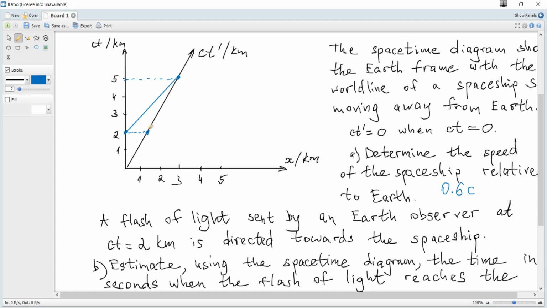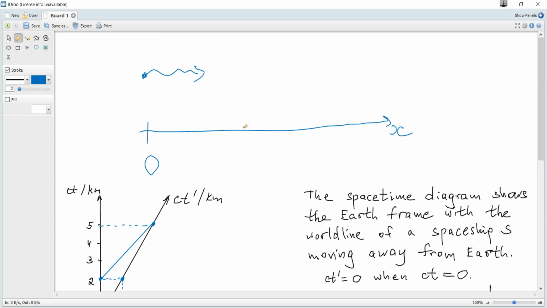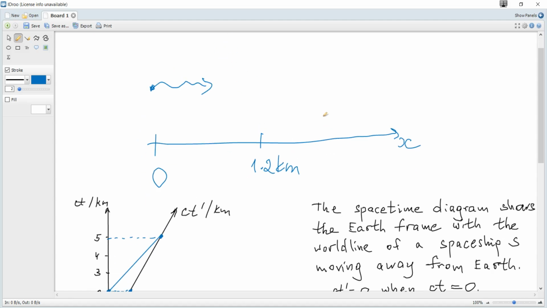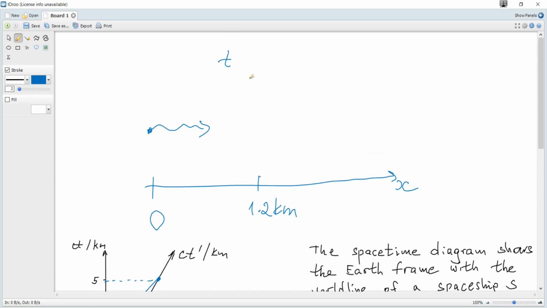It's at this moment of time relative to ct primed, and in the Earth reference frame, directly from the graph, the spaceship is at coordinate 1.2 kilometers.